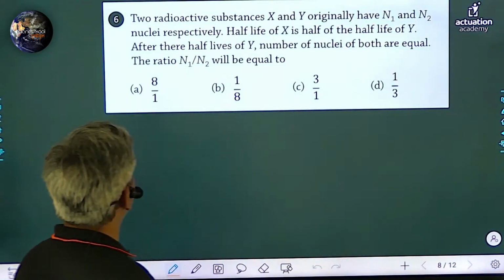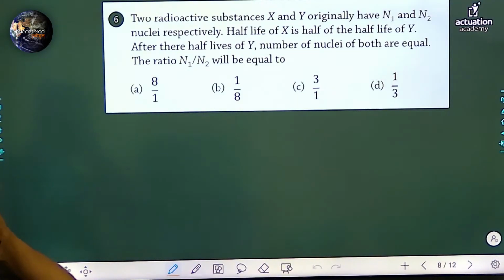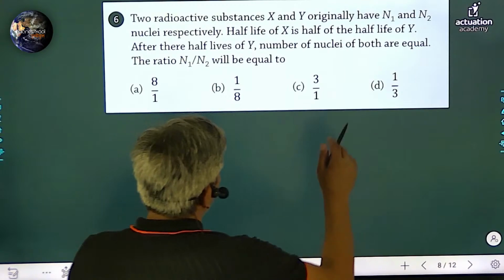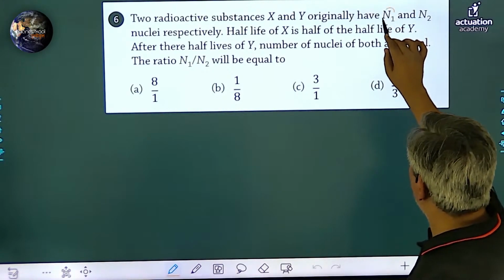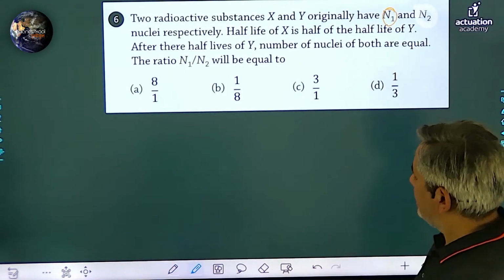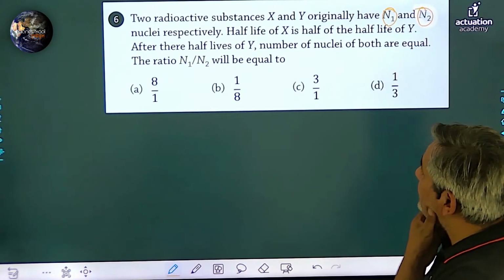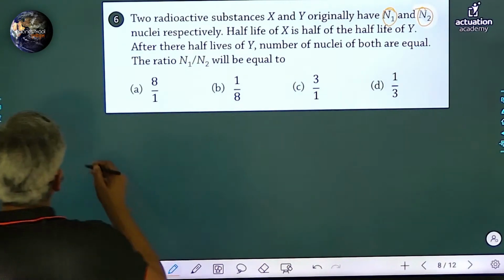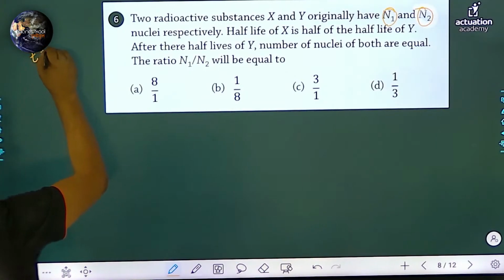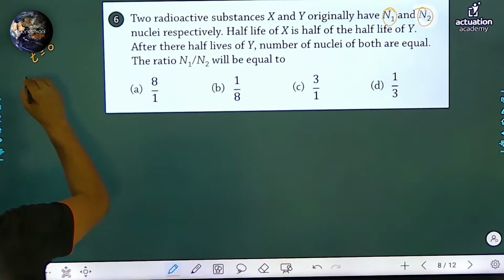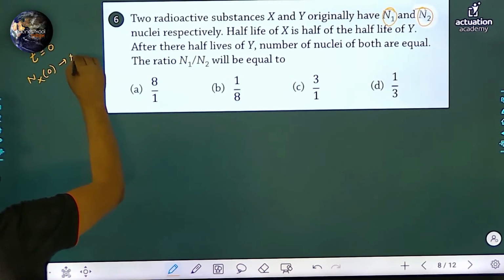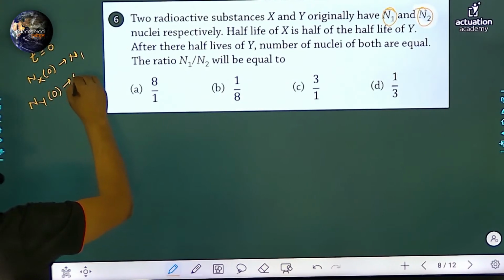Let's move to question number 6. Again, this is based on radioactivity. Two radioactive substances X and Y originally have N1 and N2 nuclei respectively. This means at t equal to 0, the number of nuclei of X, Nx at 0, is N1, whereas Ny at 0 is N2.